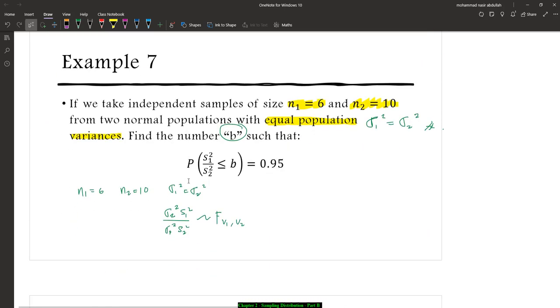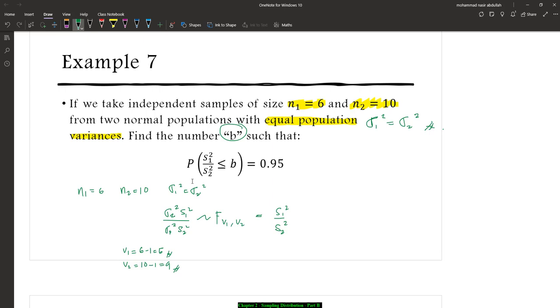Since sigma 1 squared and sigma 2 squared are equal, it reduces to S1 squared divided by S2 squared, which has an F distribution. V1 is 6 minus 1, which equals 5, and V2 is 10 minus 1, equal to 9. So these are the degrees of freedom.